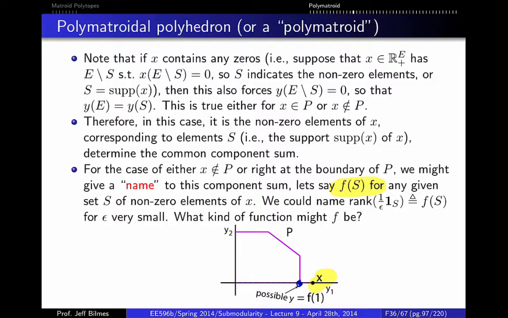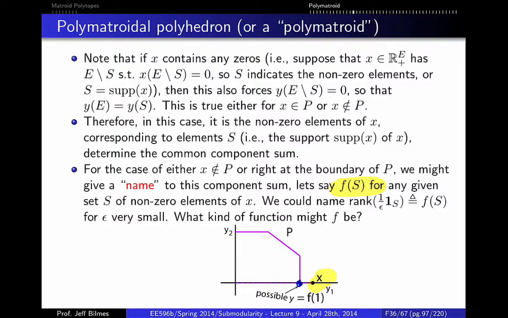Let me say this again, since it's not clear. We take any x, and we want to construct its p-base. But let's say that x isn't entirely all positive. There's the support of x, which are the strictly positive elements of x, and the complement of the support, which are the zero elements. Now, for those elements that are in the support of x, let's say that they're big.